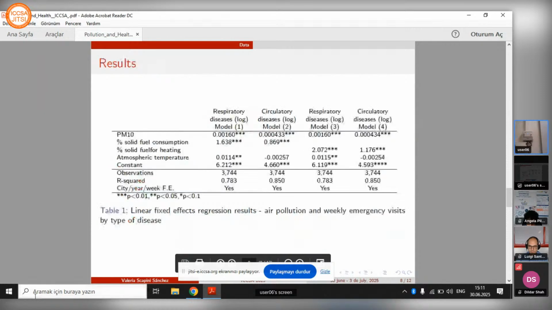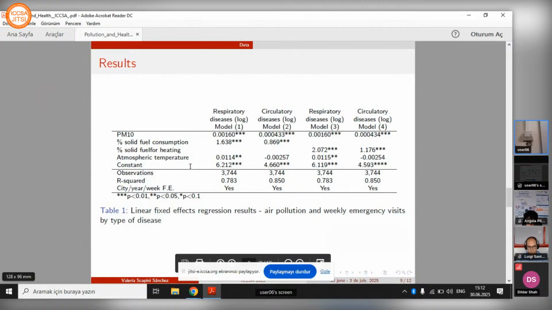The results are these. The first column is respiratory disease, and the second is circulatory disease. The results are that pollution is strongly related with both diseases.